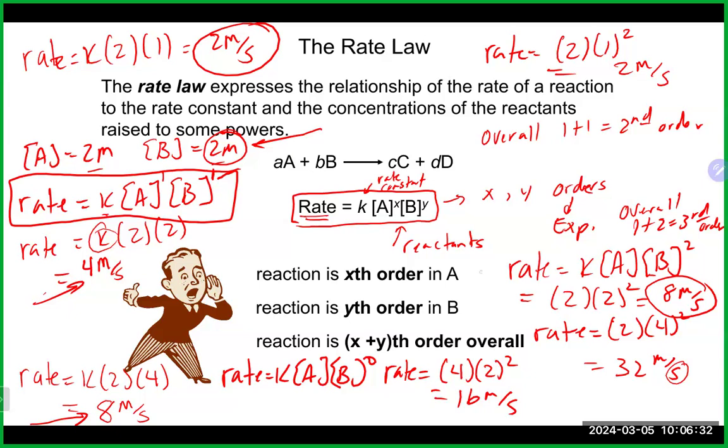When we went to this one, A and B would both have an effect on the rate if you did something to either one of them, but B would have a greater effect because it's second order. So when we doubled B, our rate went up by a factor of 4, versus when we doubled A and kept B the same, our rate only went up by a factor of 2.